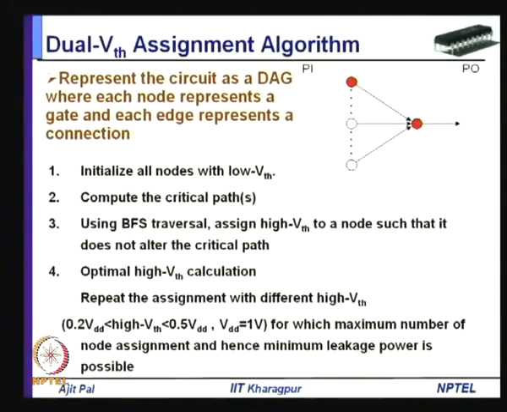So, essentially you will keep on increasing the threshold voltage for gates on the non-critical path, and then you will measure the leakage power. Repeat the assignment with different high VTH in the range 0.2 VDD to 0.5 VDD with supply voltage of 1 volt, to find the one for which the minimum leakage power is possible. This is how you will achieve leakage power reduction.